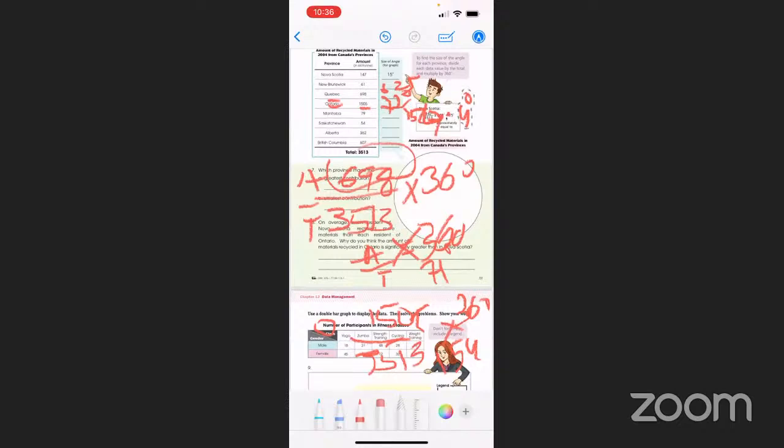You don't have to put the decimal. 154.2 is closer to 154, not 155. So you can round it to 154, okay? Make sense? Yes. Okay, so that's the degree. If you want to write the 0.2, then you can do that.